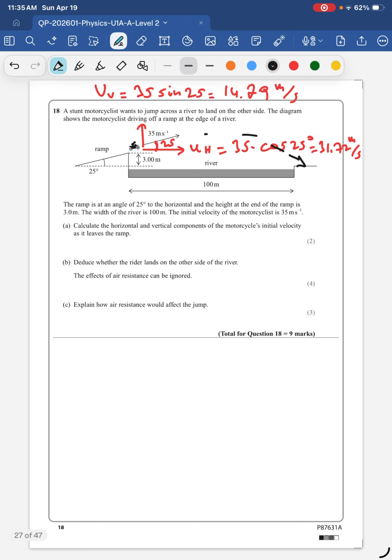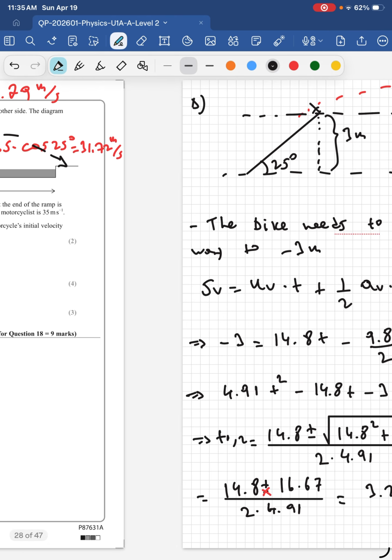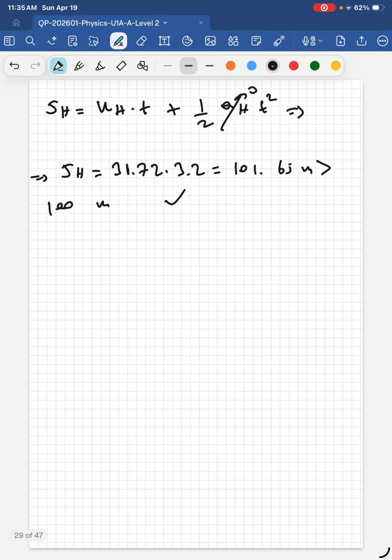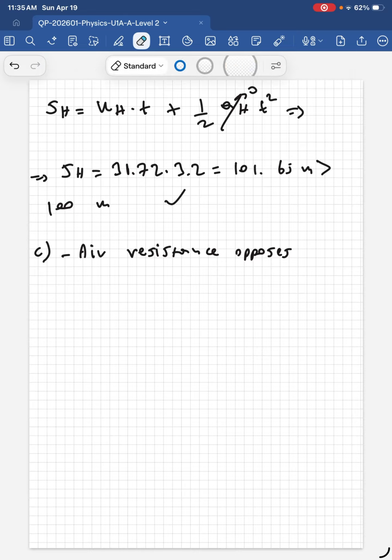All right. Part C, explain how air resistance would affect the jump. Okay, so it's part C. Air resistance opposes, with 2 S's, right?